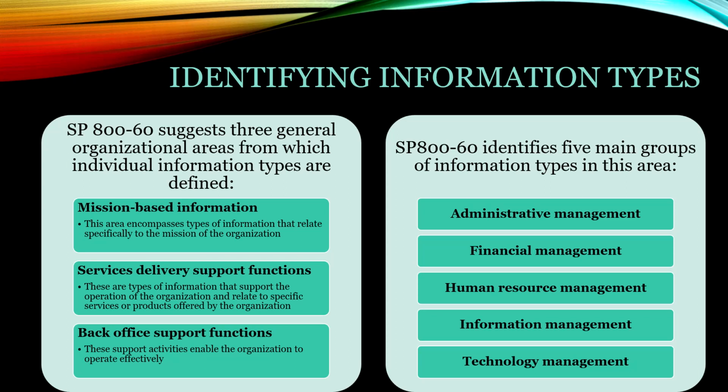Lastly are the back office support functions. These areas support activities that enable the organization to operate effectively. There are 5 main categories within the back office support: administrative management, financial management, HR, information, and technology-based management.